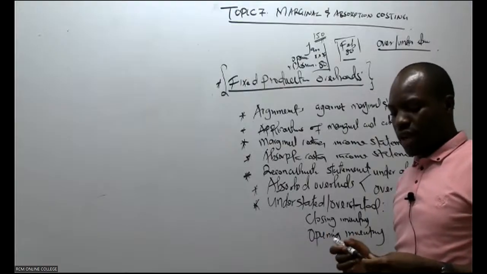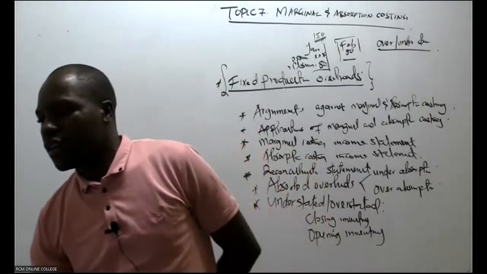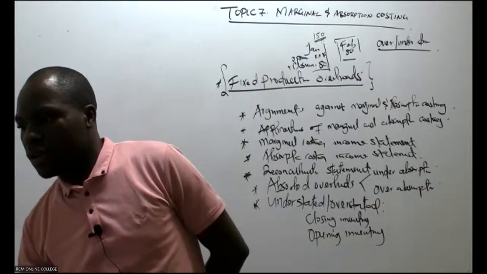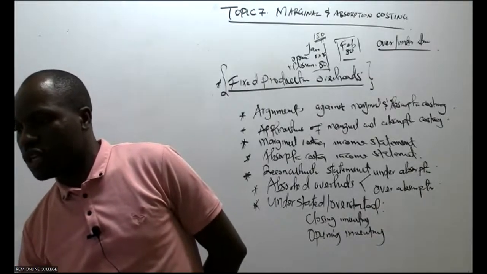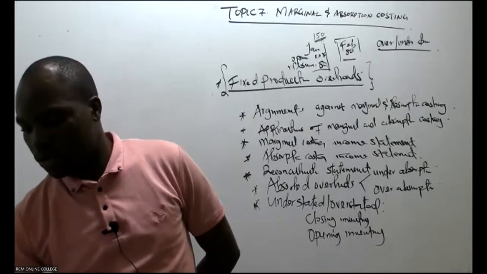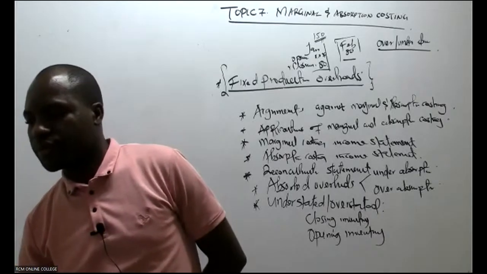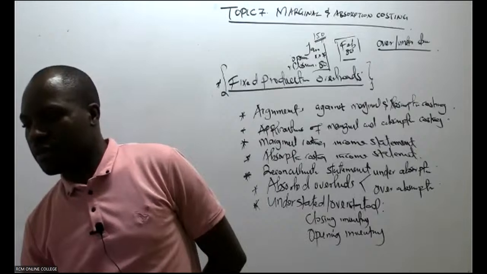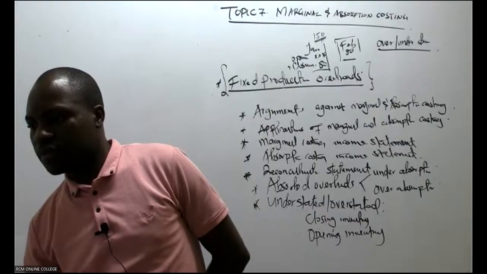So let's get to our LMS where we have the notes from this particular topic. Then we should be able to see what is going on there. What do we need to know in terms of theory? So let's get to the platform.